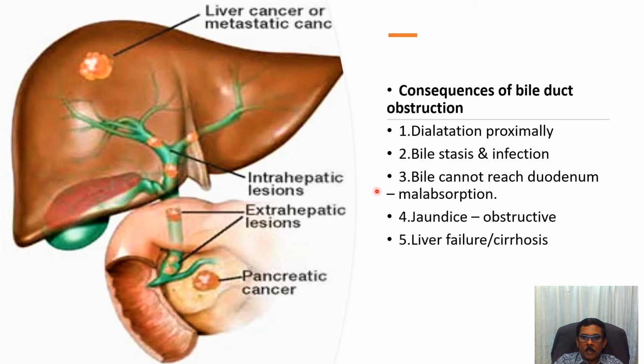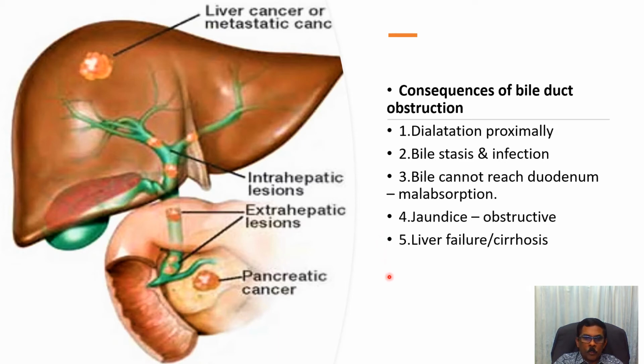What are the consequences of bile duct obstruction? First, there's dilatation proximally, leading to stasis of bile, followed by secondary bacterial infection. And because bile cannot reach the duodenum because of this blockage, there will be malabsorption of fats and fat-soluble vitamins from the intestine.